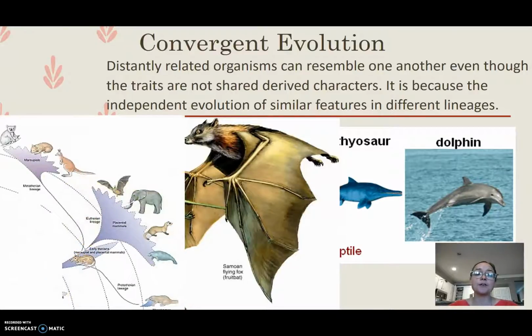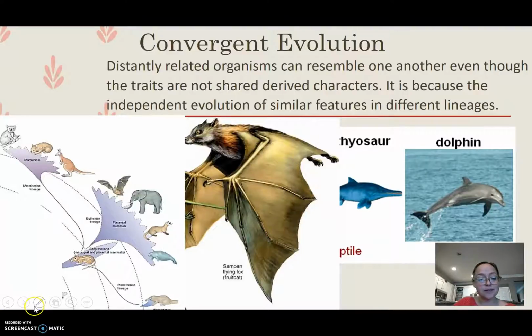And so when we look at here, you have the evolution of mammals. You have marsupials, which are mammals that are not true mammals. The development of the offspring continues in the pouch. Then you have true mammals or placental mammals, and monotremes, which are egg-laying mammals.